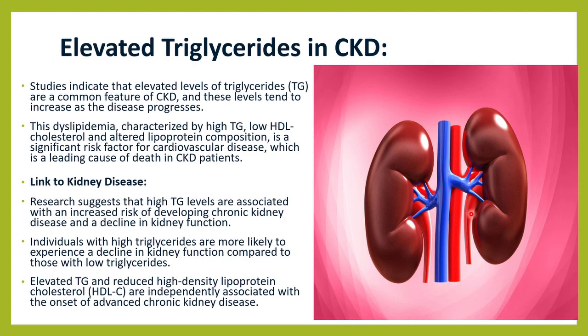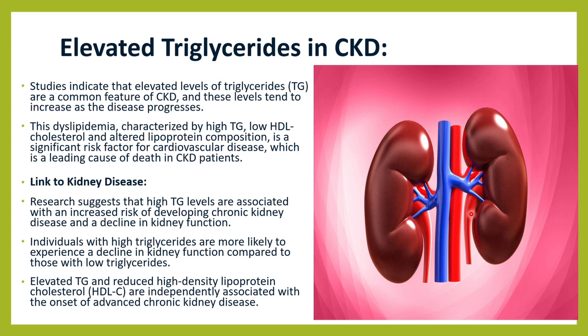In chronic kidney disease also, there can be increased TG, and increased TG can also cause chronic kidney disease. Studies have indicated that increased TG is a common feature of chronic kidney disease, and the levels keep on increasing as the disease progresses.